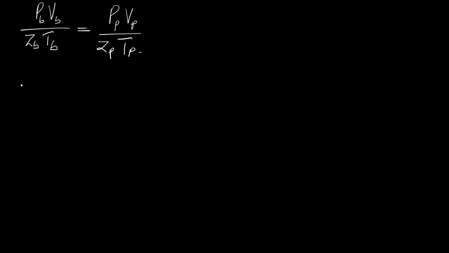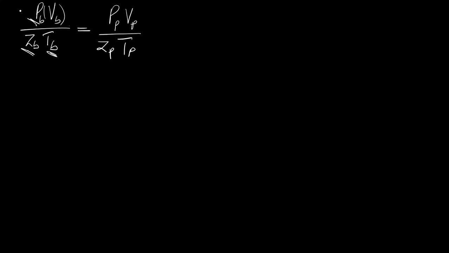Now, the line pack volume is this VB. So let's make VB the subject of formula. To make VB the subject of formula, we have to multiply both sides by the inverse of this.